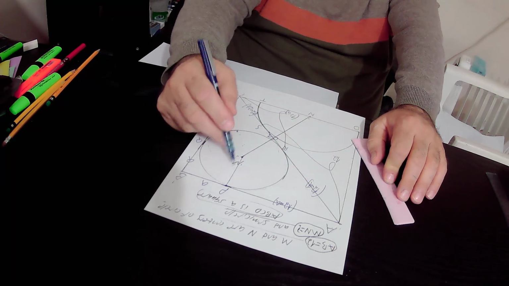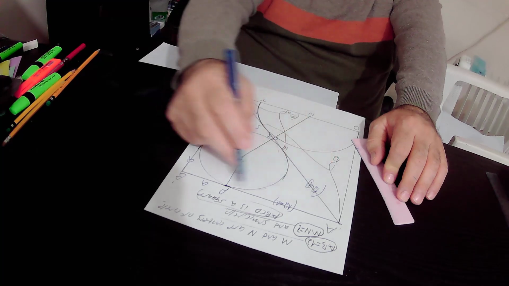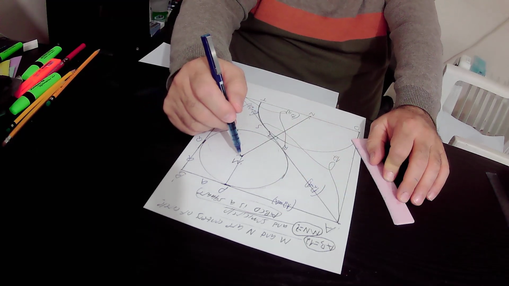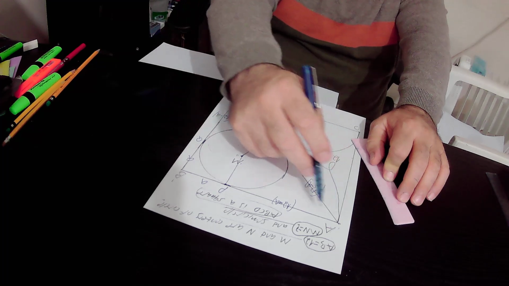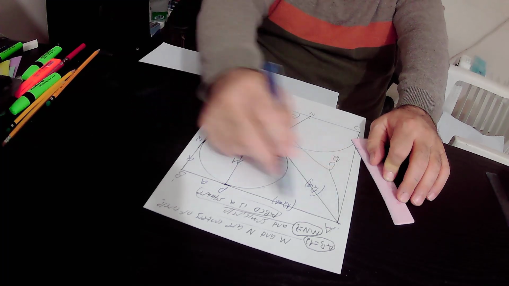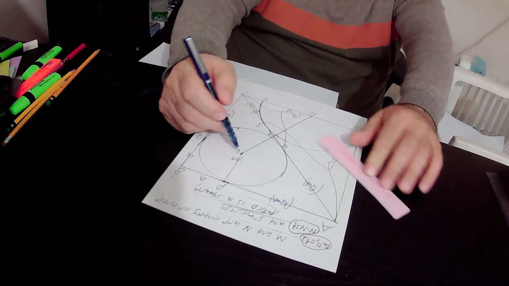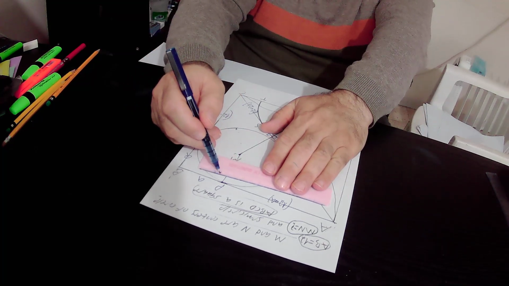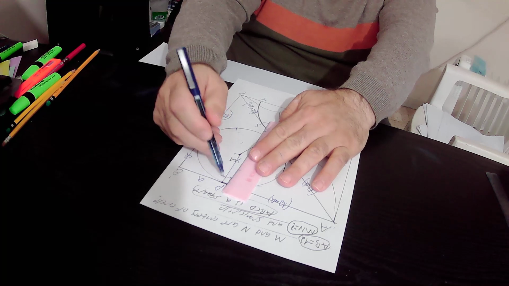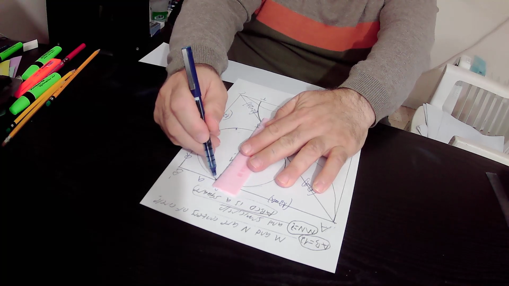And whenever you have a radius that is drawn to the point of tangency, then the tangent will be perpendicular to this radius, that is to say, the tangent AB will be perpendicular to the radius PM. So AB is perpendicular to PM, that is to say, according to rule number 2, this angle will be equal to 90 degrees, and this angle will be also equal to 90 degrees.